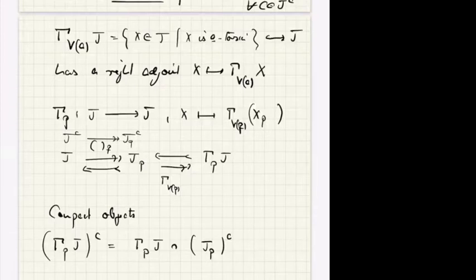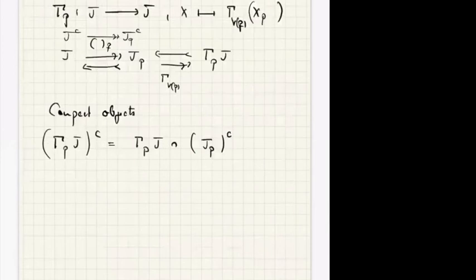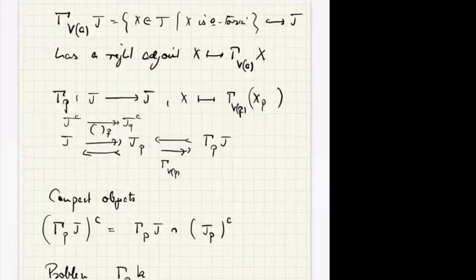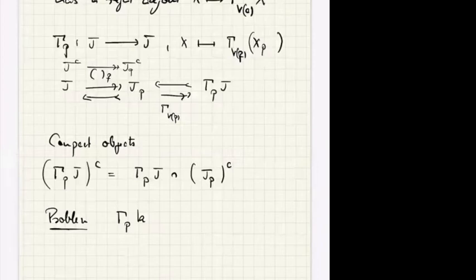And inside this category of compacts, we just look at those which are also p-torsion. Then we get the p-local p-torsion compact objects. So the problem, which I think I mentioned before, is that gamma p k is not compact. That is the tensor unit.